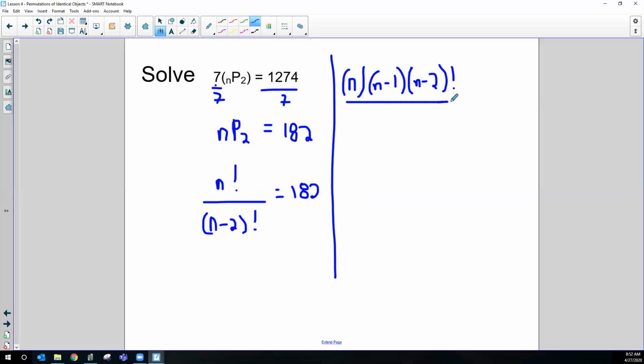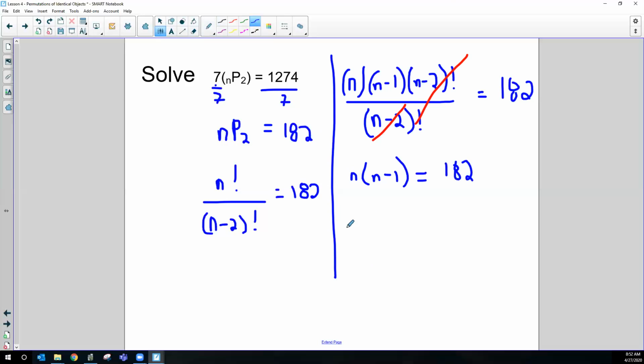I'm taking the top and expanding it so that it matches the bottom. Remember, always take the bigger one and start subtracting. When I get to that, I can now cancel these. So I'm left with n times (n minus 1) equal to 182.